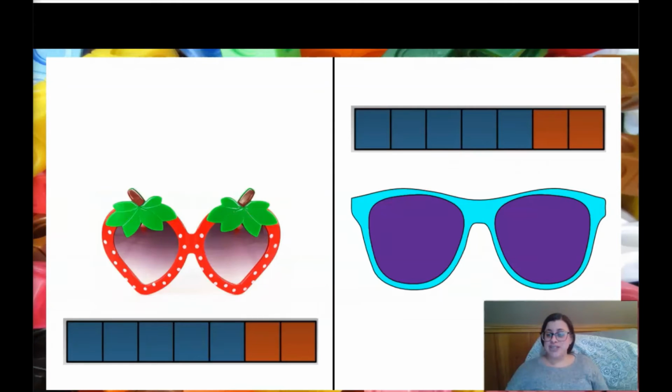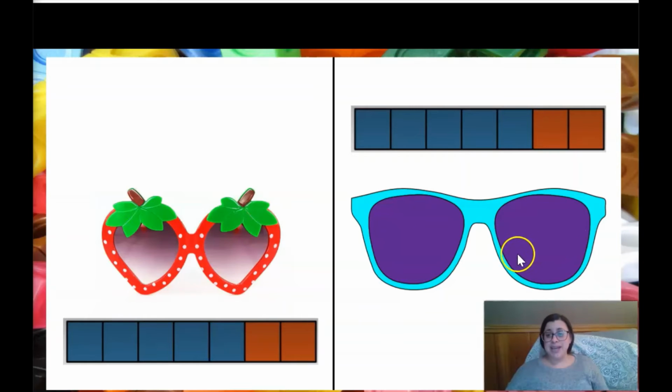Let's take a look at these fancy sunglasses I have. Your teacher's going to pause the video and you're going to find the sunglasses that are the same as our 7-stick. Did you say the blue sunglasses? You're right.